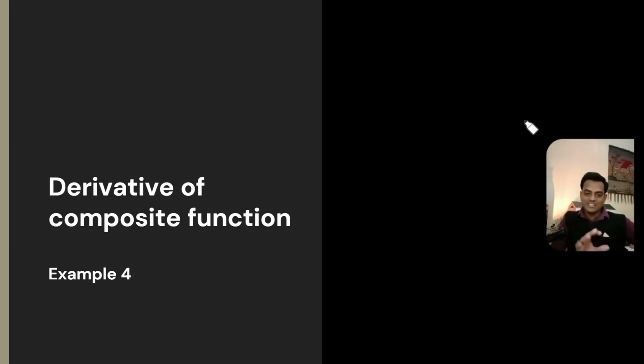Now it is x square log of sine of x. How many functions are there now? x square is the first function, and log of sine of x is the second function. So first function multiplied by the second function.